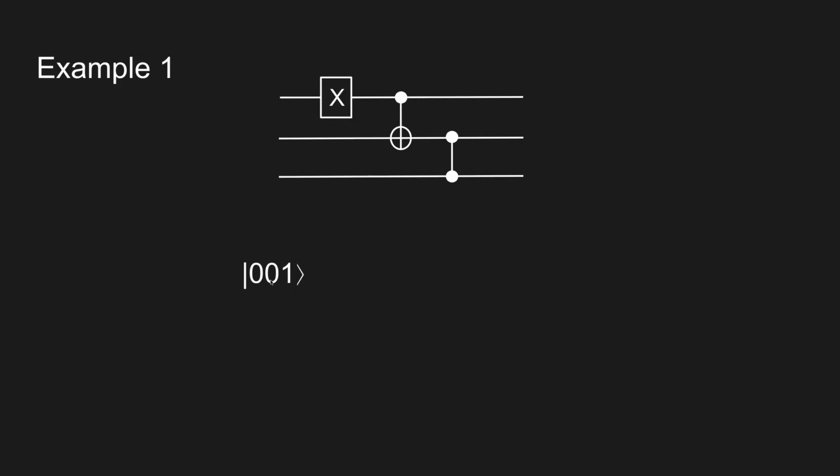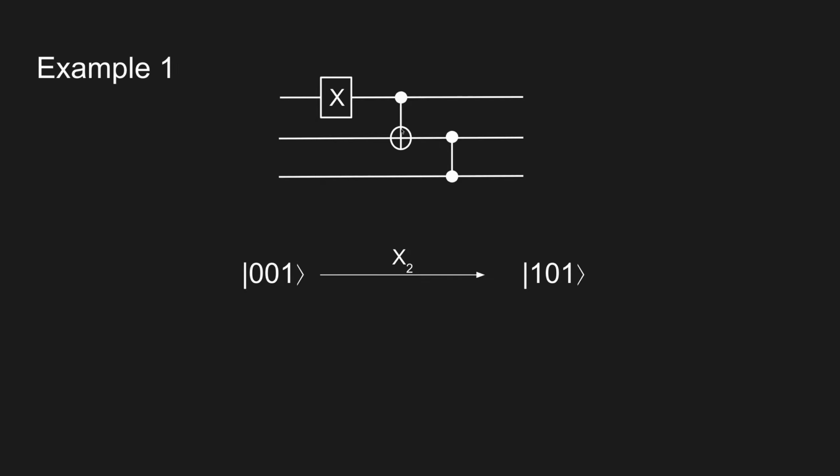So let's enter the state 0, 0, 1. And we're applying the NOT operator on the 2nd qubit, and that's this one here, the uppermost one. And what that does is it basically changes the 0 state into the 1 state.